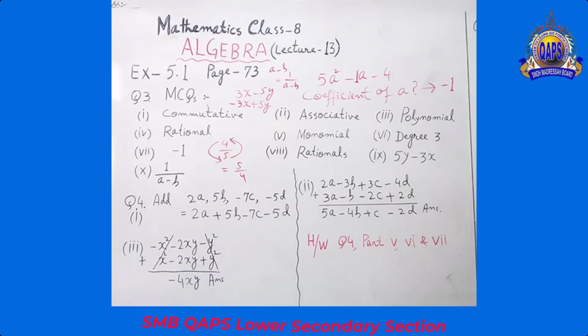Add all of them. No similar terms. That's why we cannot add anything in it. So it will be written as it is. See, look at over here. I hope you understand.